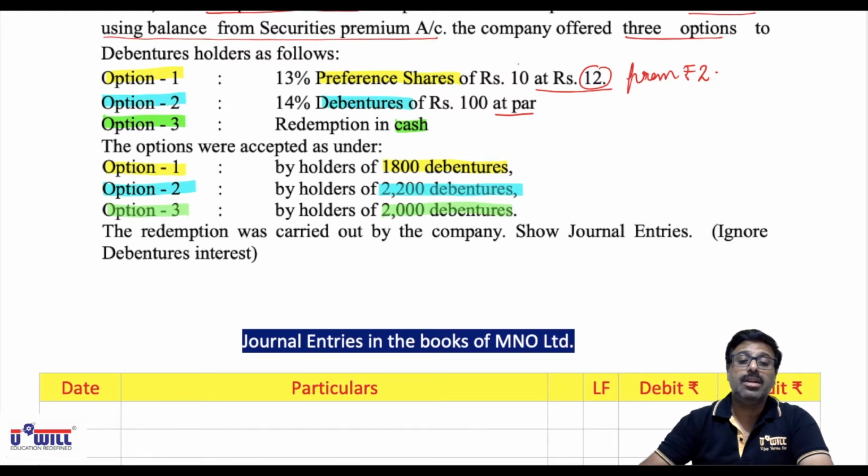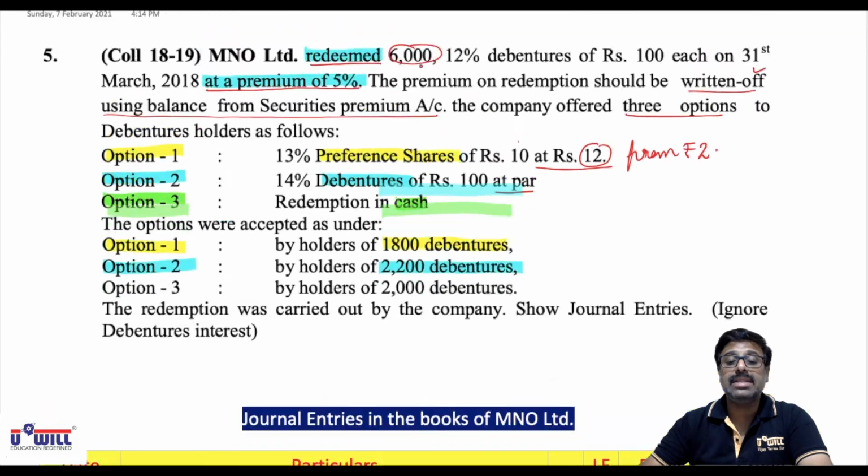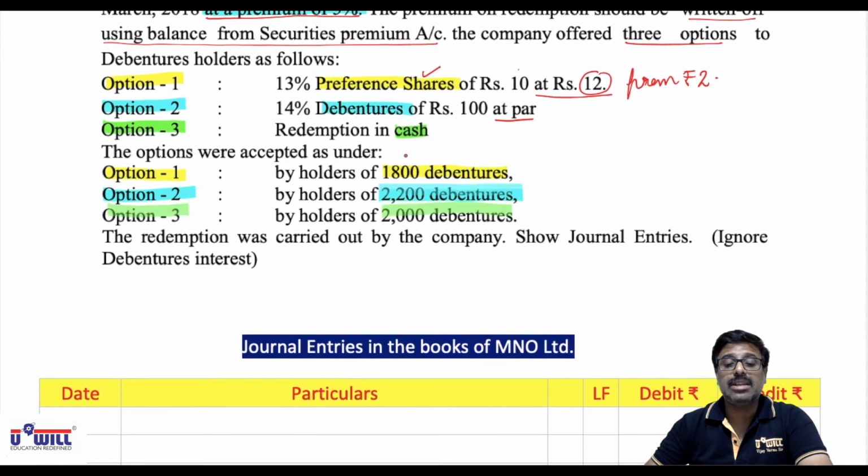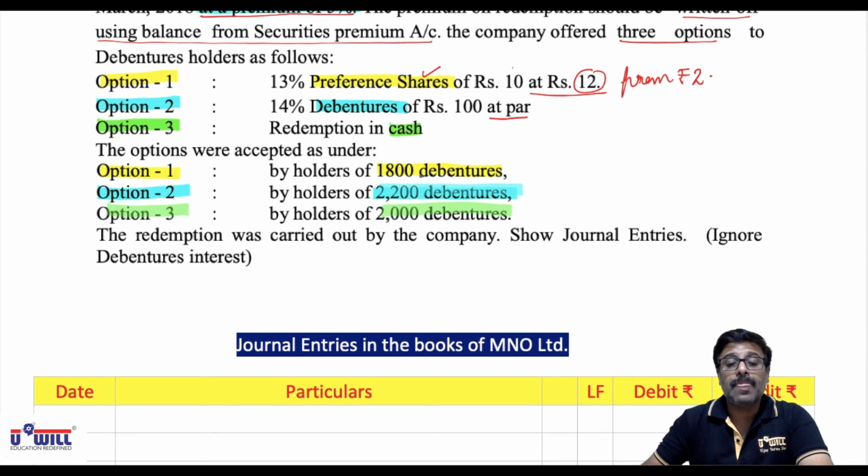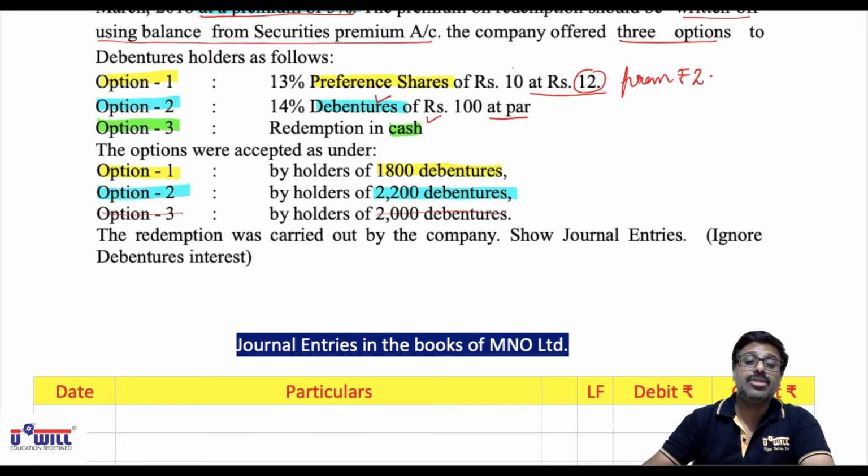You can cross check: 1800 plus 2200 is 4000, plus 2000 is 6000. So this is how the 6000 debentures are going to be redeemed. Now we shall see the entries in detail.